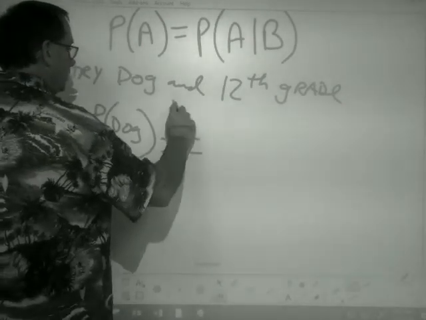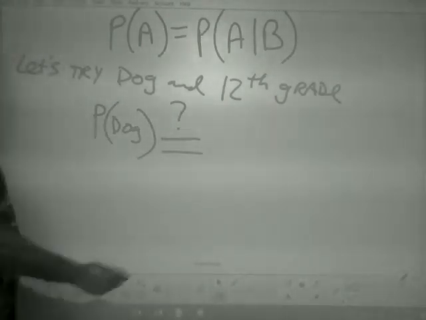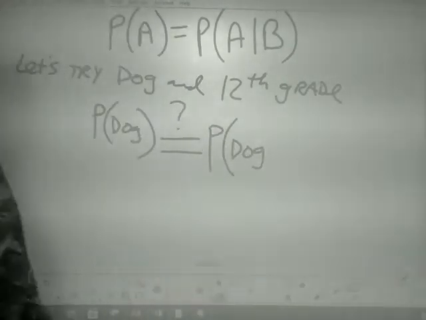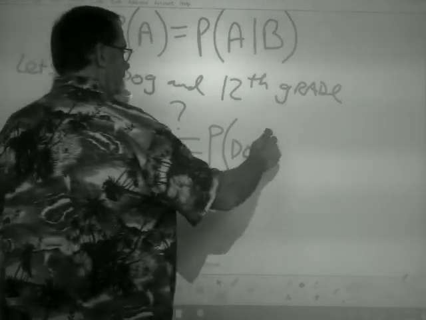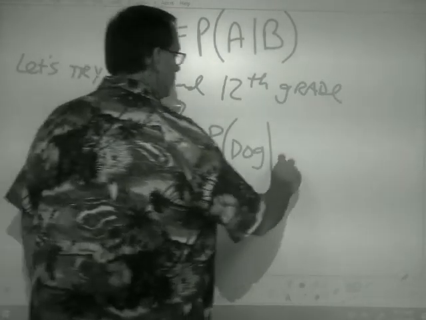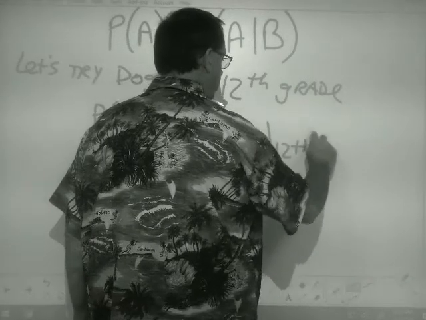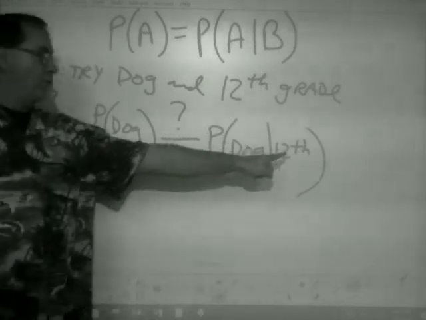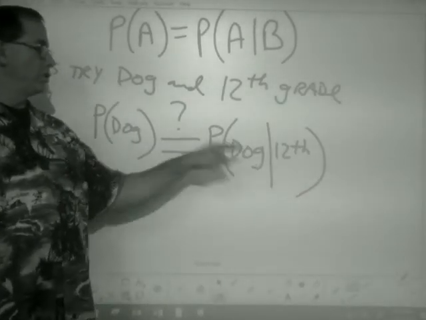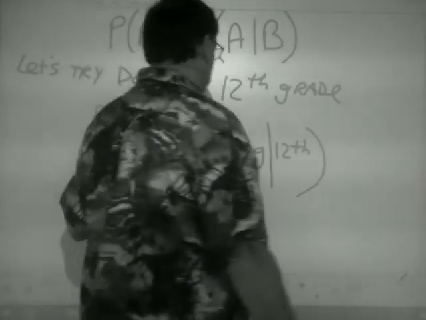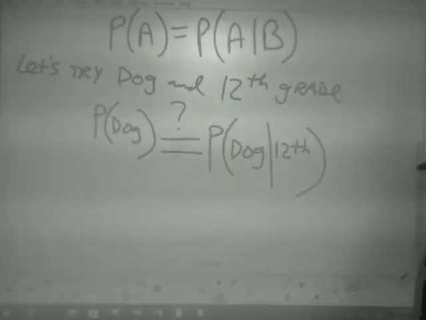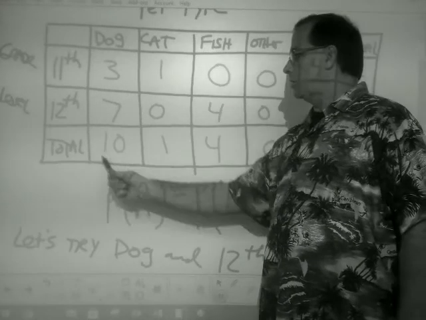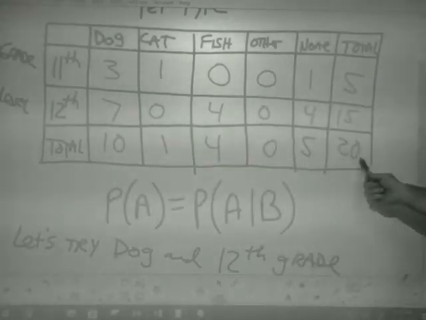We want to know, is that the same as the proportion of people in this chart that have a dog, given, or among, or out of the 12th graders? So, the proportion of everyone that have a dog, and out of only the 12th graders, what proportion have a dog? So, proportion of dog owners. I go up, and dog owners. There are 10 dog owners out of 20.